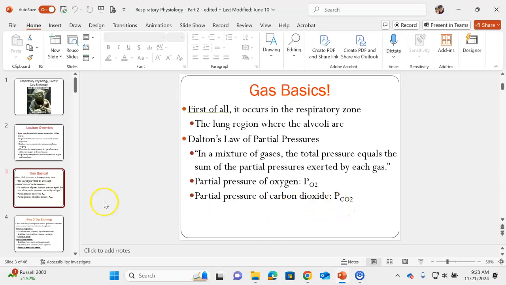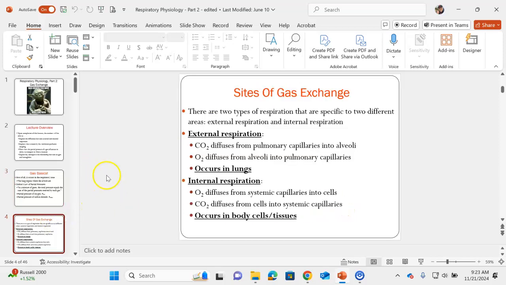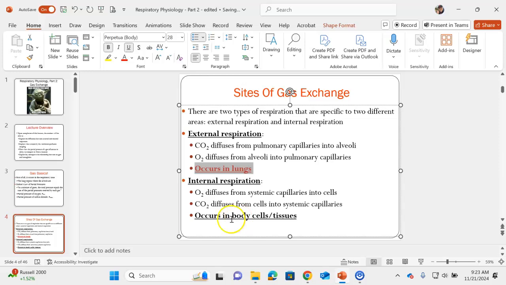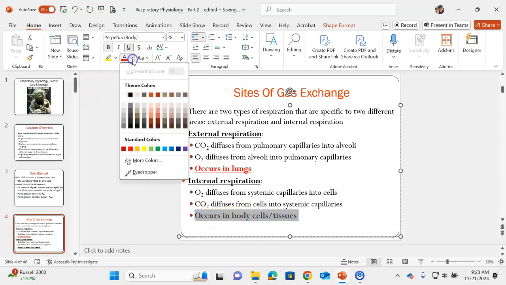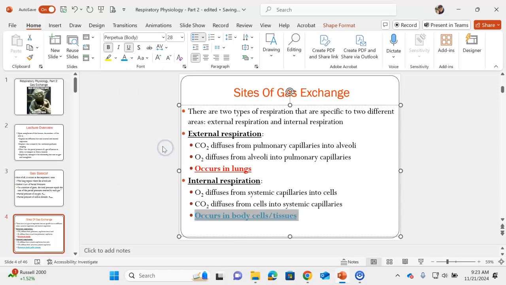So when we talk about gas exchange, we're really talking about two different types of what we call respiration, external and internal. And so the most important thing is, where are they actually occurring? External respiration is occurring in the lungs, and internal respiration is occurring at the tissue level where our cells are. Because remember, cells make up tissues.